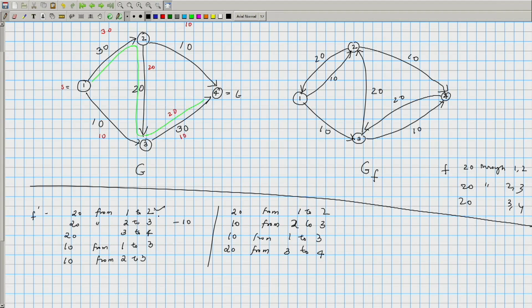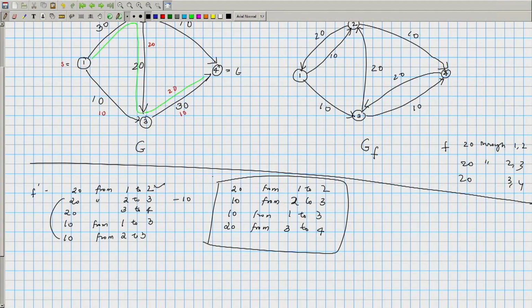Okay. So, this is taken care of. So, these two combine and gets us 10 from 2 to 3. Okay. So, this is the new flow, this is an additional flow of 10 units that we can get by looking at the residual graph.